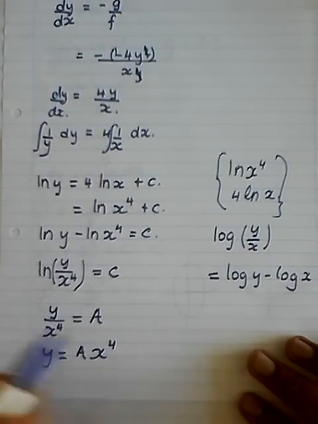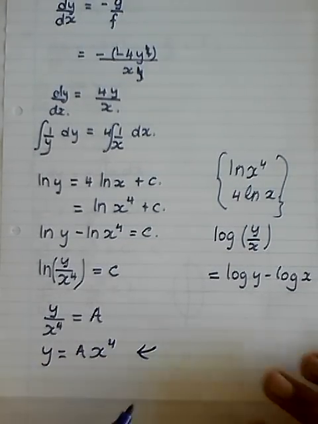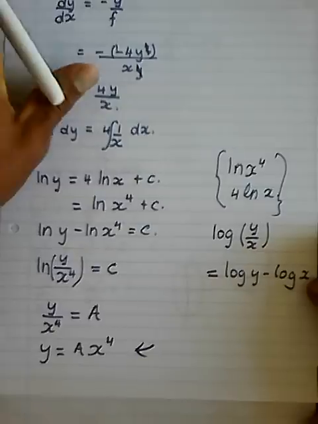Okay, so this is the answer for part B. Now part C, it goes on to say sketch clearly the trajectories and orthogonal trajectories on the same set of axes. Okay, let me grab a page for that.